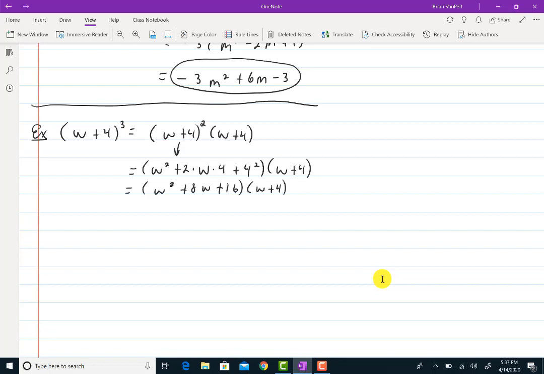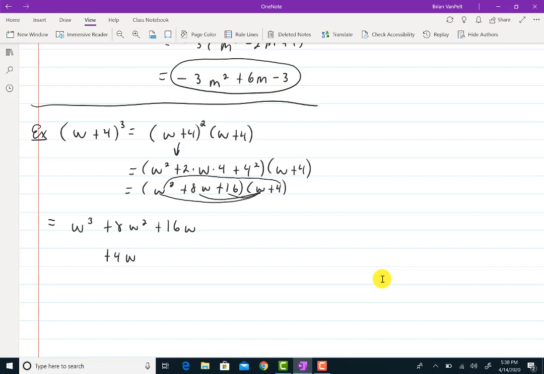Like so. Now I'm going to do my superfoil. So I'll start with w times w squared. That'll be w cubed. Then w times 8w, 8w squared. w times 16. And now I'll move on to the 4. So I'll start with 4 times w squared.